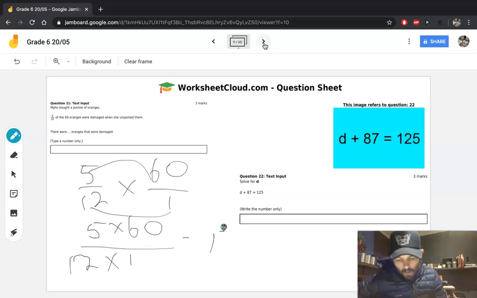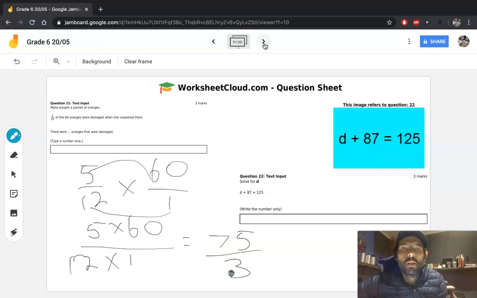Both numbers are even again, so we can divide them by 2 again, and we'll get 75 over 3. And I'm hoping that we could recognize that 75 over 3 is equal to 25. So there were 25 oranges that were damaged.